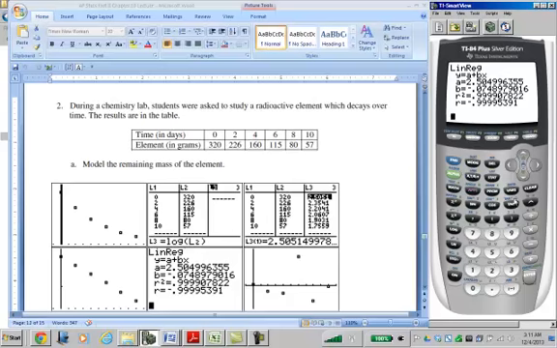So now I ran this so I can check the residuals. So I do second and y equals and enter. Okay, and I enter down to y, go down to y list and hit second and stat 7 for RESID, enter, and zoom 9.